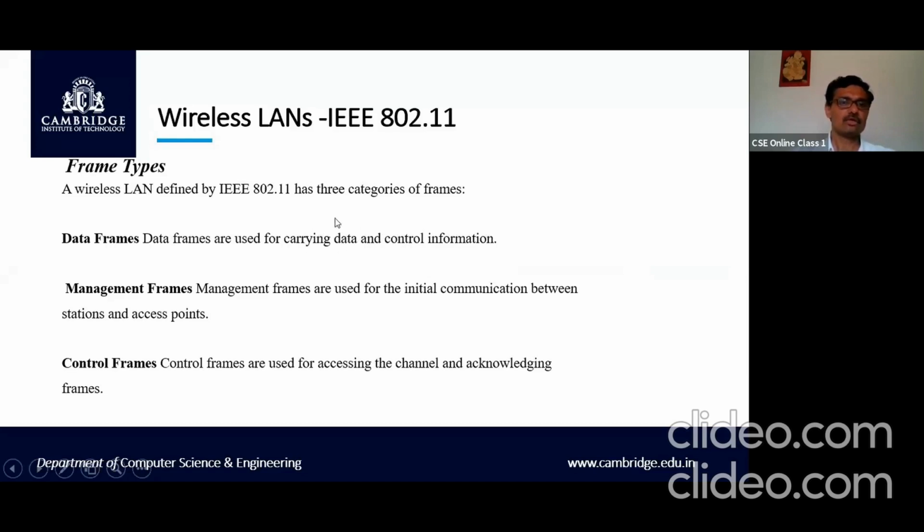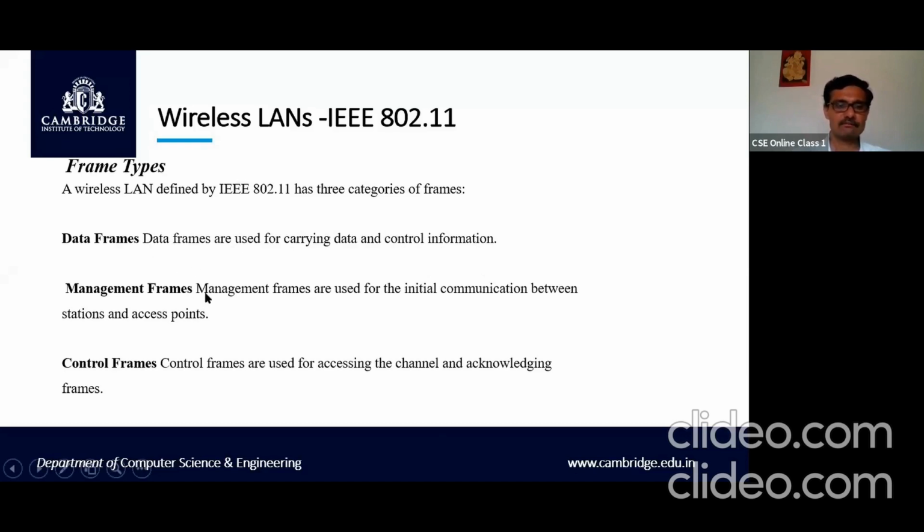Okay. So this particular data frame has the payload received from the upper layer, whereas the management frame is used for the initial communication between the stations and access points. So there will be initial communication. Some handshake signals are exchanged before they actually transmit the data frame.